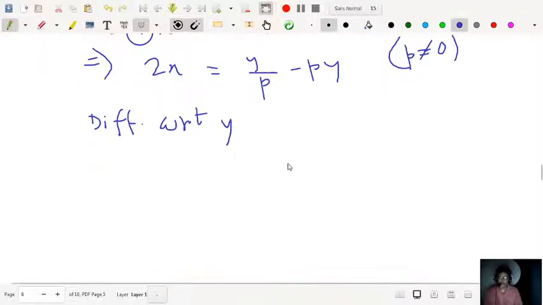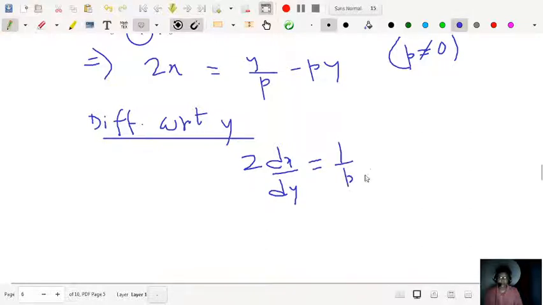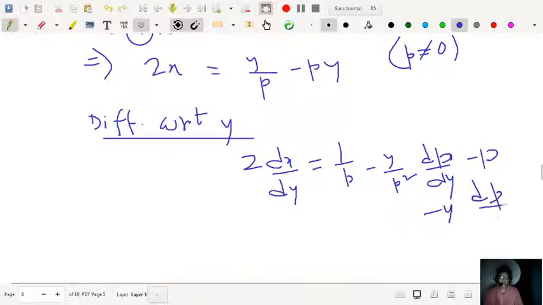If you simplify, you will get 2 dx/dy on the left hand side equal to 1 by p minus y by p square dp/dy, minus p minus y dp/dy.